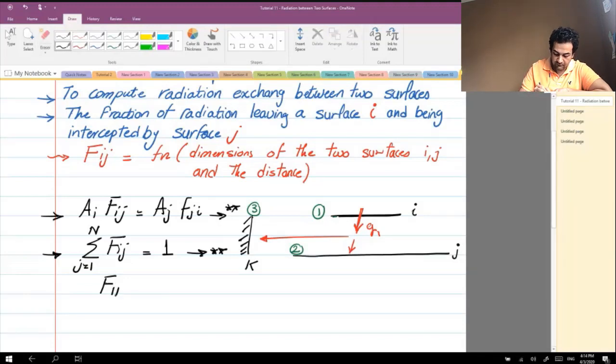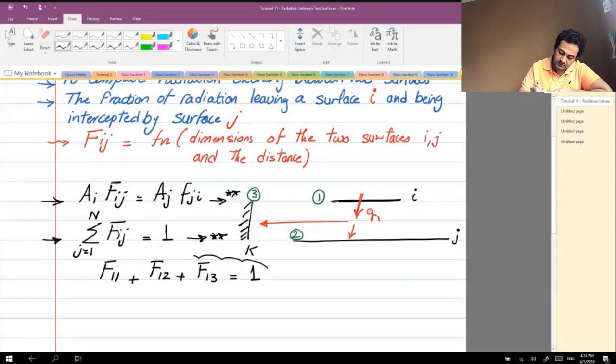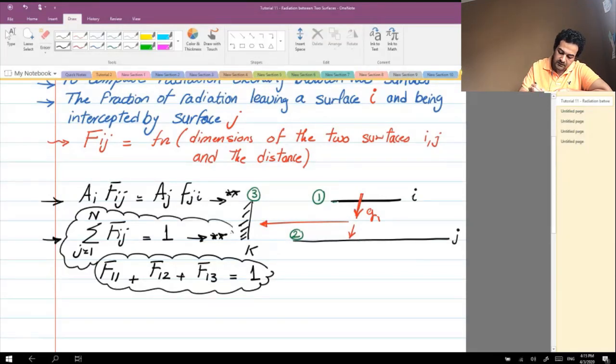From surface 1: F11 plus F12 plus F13 is equal to 1, alright? We will be recalling this equation very often in our tutorial because it's very important, and we're going to use it for different cases as well.